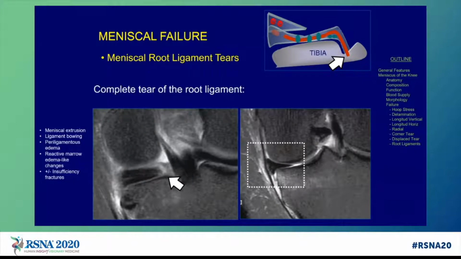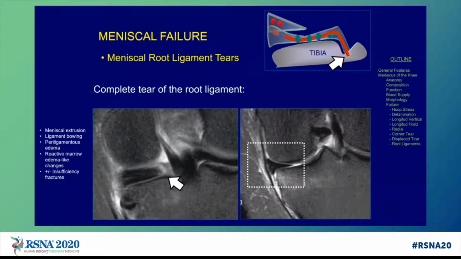Because we've lost the attachment of that posterior root ligament, there is meniscal extrusion, leading to bowing of the tibial collateral ligament and other components of the medial collateral ligamentous complex, leading to periligamentous edema, leading to reactive marrow edema, which in this case is in the tibia, but sometimes is within the femoral condyle. And you always want to look for linear components because there's an association with insufficiency fractures.